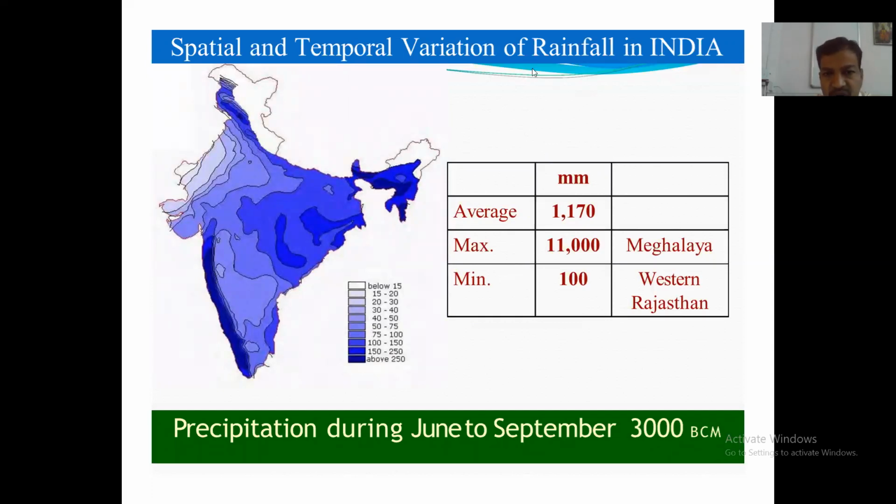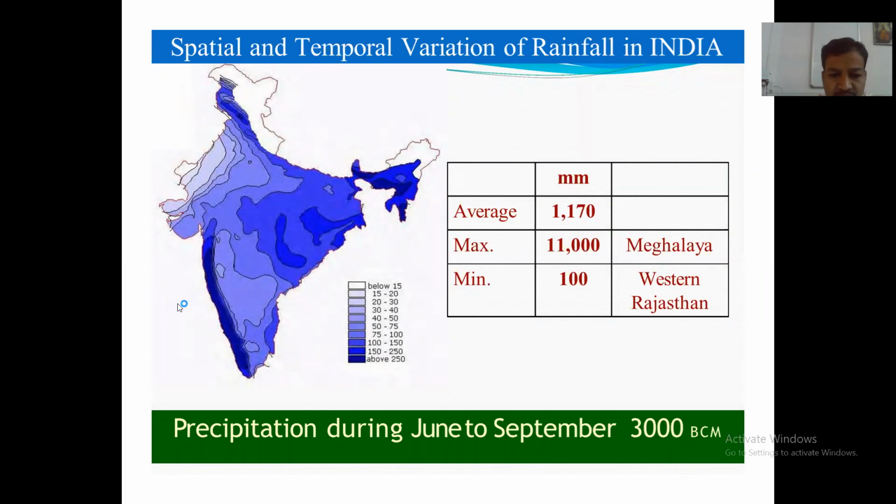Then spatial and temporal variation of rainfall in India. Variation of the rainfall in our country is shown in this map. The precipitation during June to September is given. That is shown by this blue color. The precipitation, variation of the rainfall, is shown in mm, about 250.